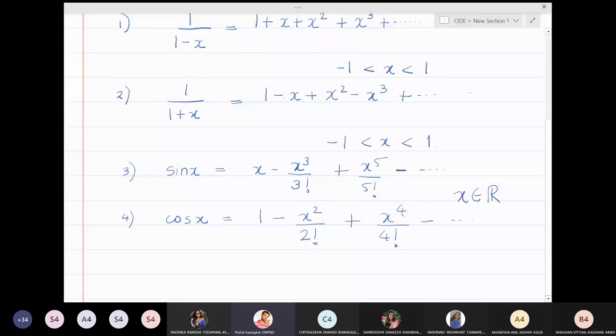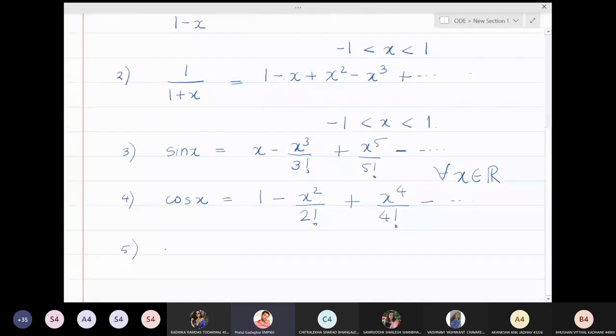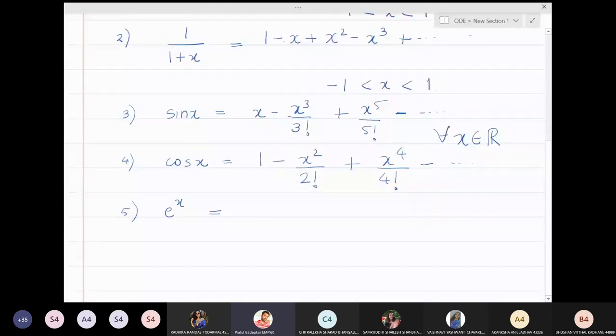The fifth Taylor series that we should know is e raised to x. What is the Taylor series for e raised to x? It is 1 plus x plus x square upon 2 factorial plus x cube upon 3 factorial plus so on.